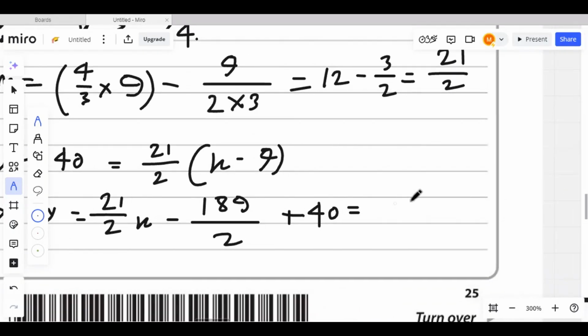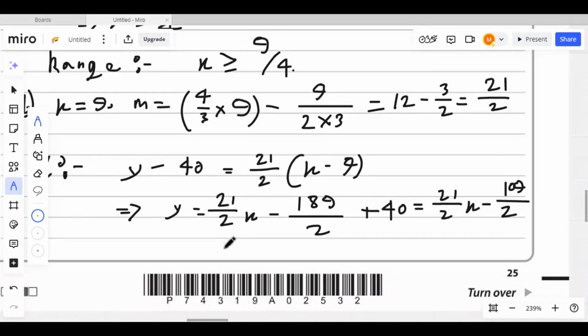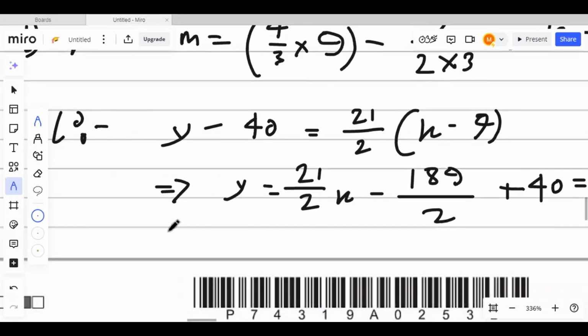So that would be 21 over 2 x, then minus 109 over 2. So we got the equation of line L: y equals 21 over 2 x minus 109 over 2.